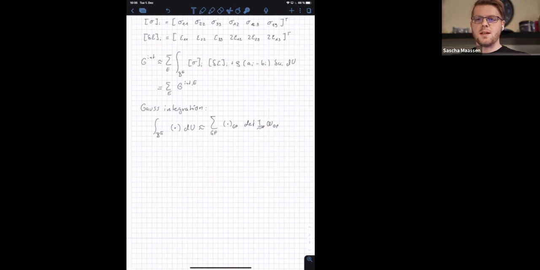The Jacobian I will introduce a little later. However, you should be aware of both this scheme as well as what the Jacobian is, which appears in our isoparametric concept.